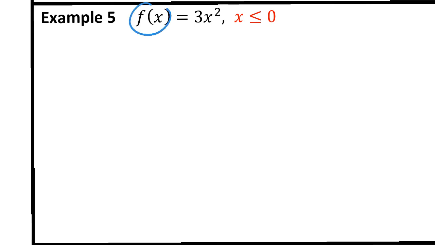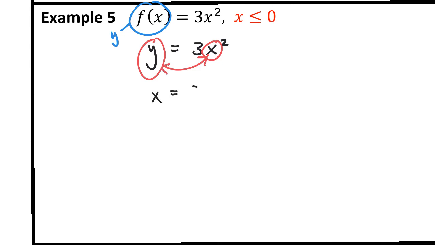I'm just going to circle and change. So it's going to change to a y. We're going to switch the x and the y. We're going to solve for y, so divide both sides by 3.